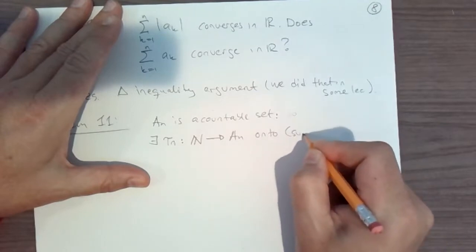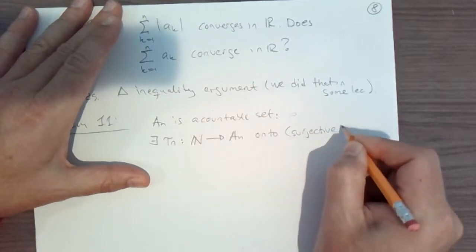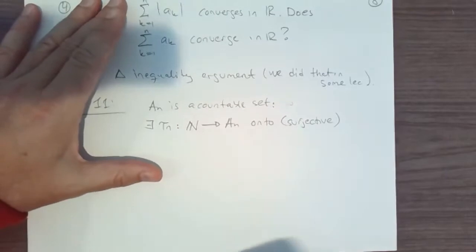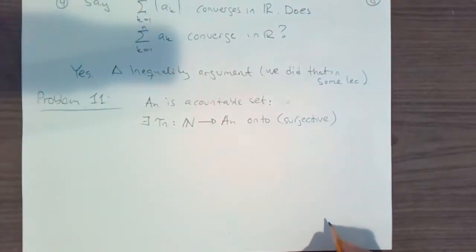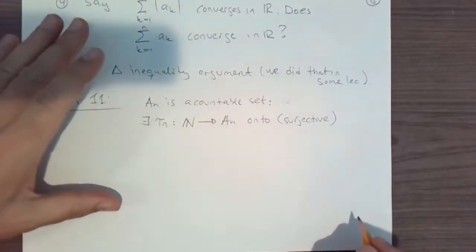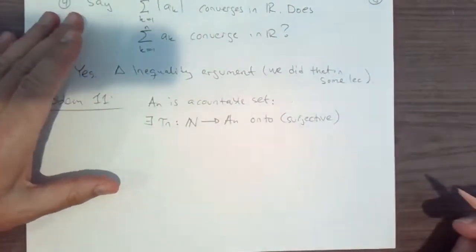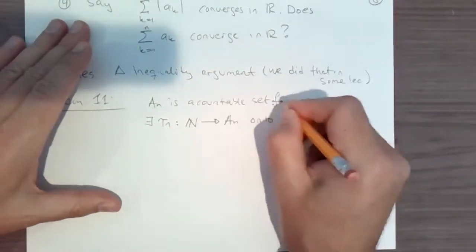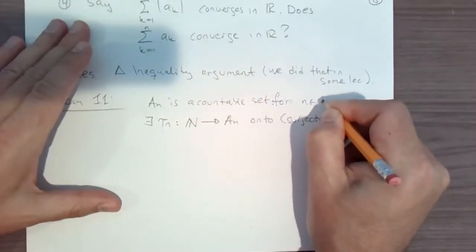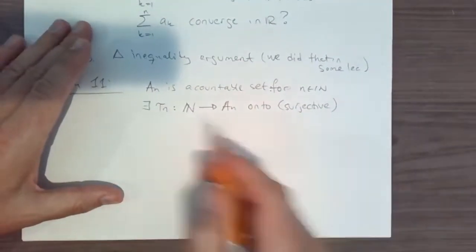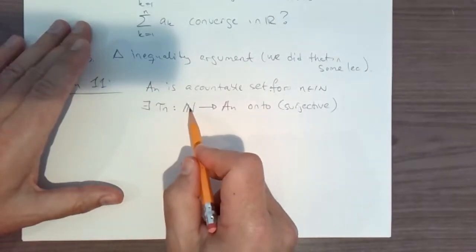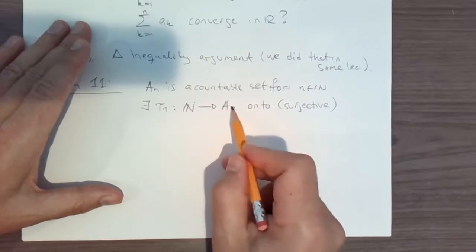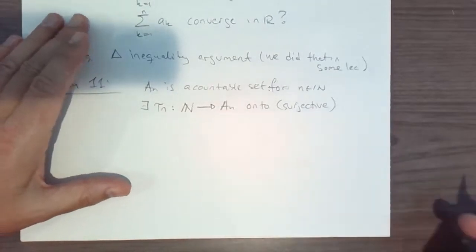So this is surjective. So that's what it means. We have a countable sequence of them, for each n. So I can find for each set a map that goes from the natural numbers, takes values inside A_n, which is onto.